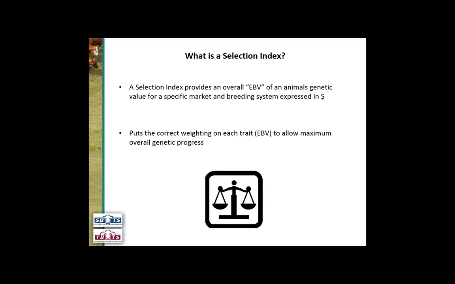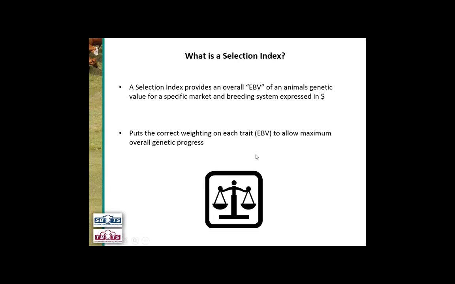What an index does is it puts the correct weightings on each trait to allow maximum overall genetic progress. And the weightings that it puts on each trait are going to be influenced by the end market, and it's also going to be influenced by the interaction between traits.